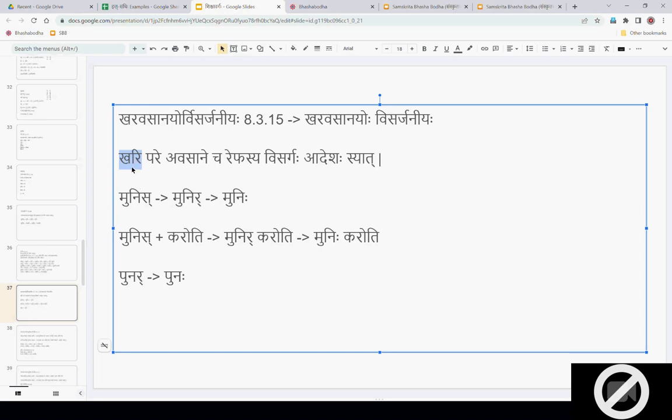Okay. So this sutra is saying visarga will come in the place of ra. When ra is followed by, ra should be the first letter, and it should be followed by one of the khar letters, one of the khar.